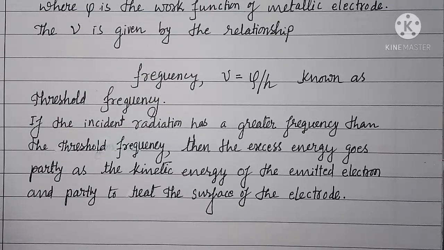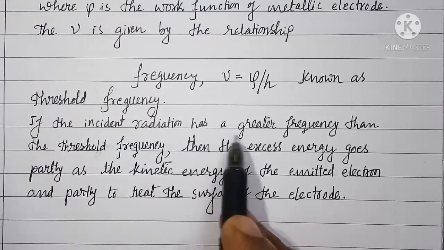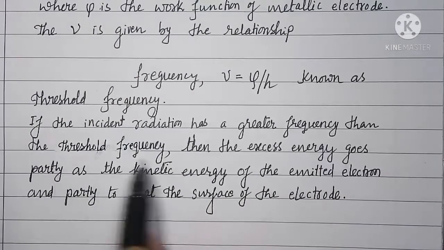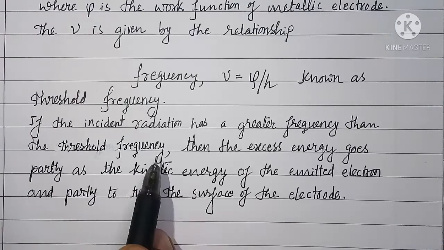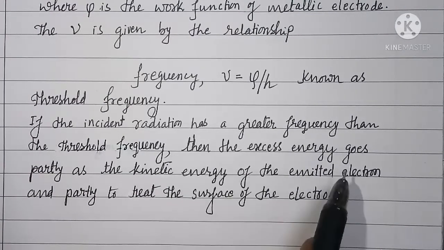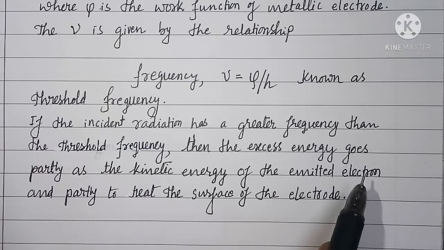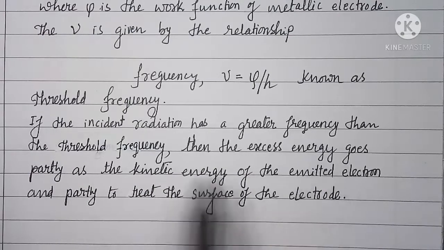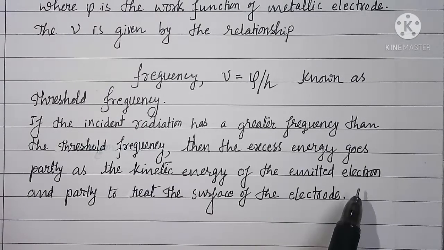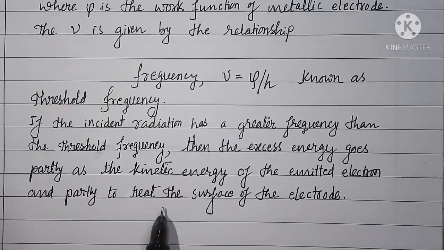So what happens here? If the incident radiation has a greater frequency than the threshold frequency, that is the minimum required frequency, then the excess energy, because higher frequency means definitely there will be higher energy content. Therefore, the excess energy goes partly as the kinetic energy of the emitted electron and partly to heat the surface of the electrode. That means there will be energy distribution.